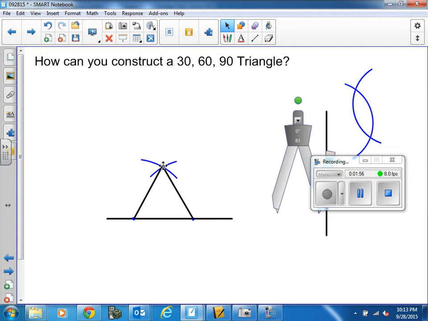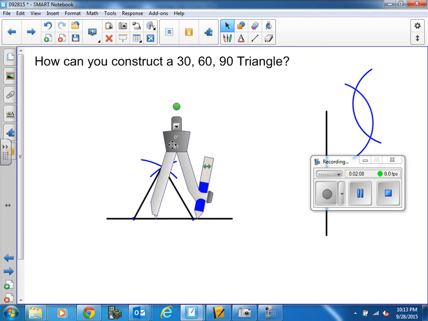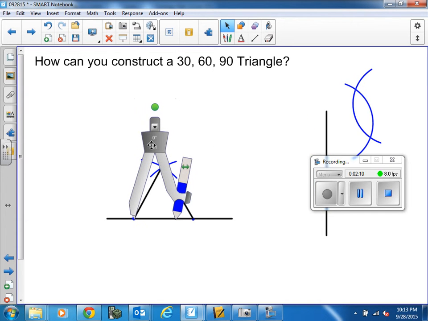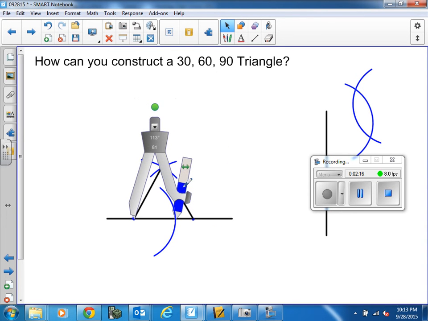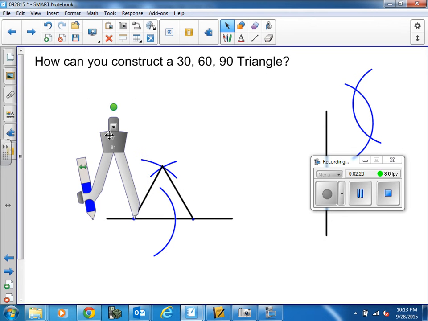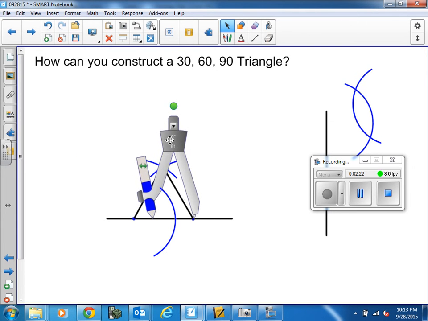So when you do that, you will not only cut this in half and produce a 90 degree angle, but you'll also cut the angle up here in half if you do it correctly. And I say that always because you're dealing with tools that are sometimes inaccurate, hard to use, even when I'm on the computer. It's even more difficult for you students with those compasses, which are sometimes not that accurate or difficult to use.